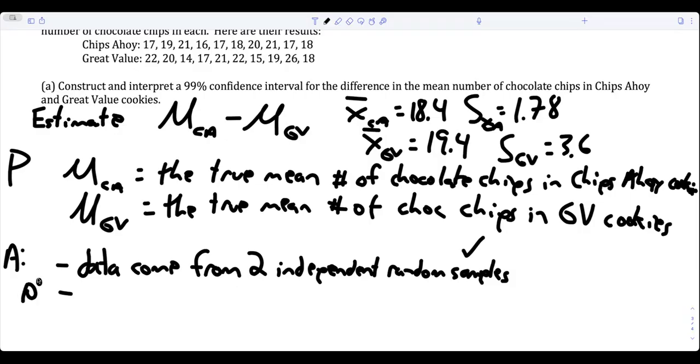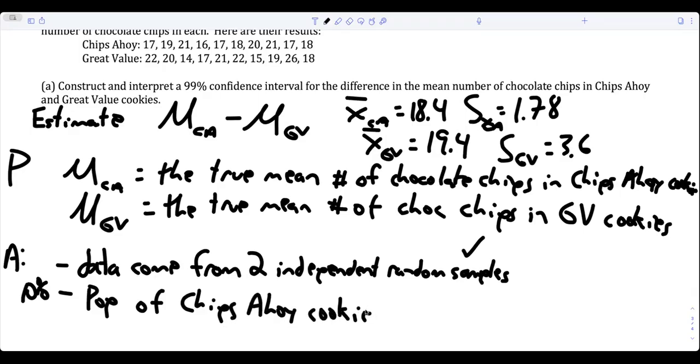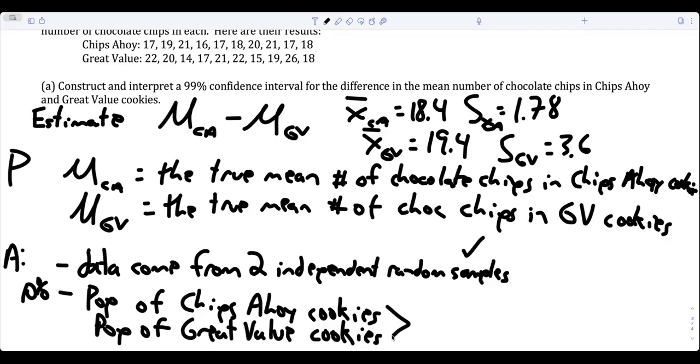Number two, 10%. So we've got the population of Chips Ahoy cookies and the population of Great Value cookies. Both of these things have to, and the sample sizes were the same, so I can do one for both of these. They've got to be greater than 10 times 10.